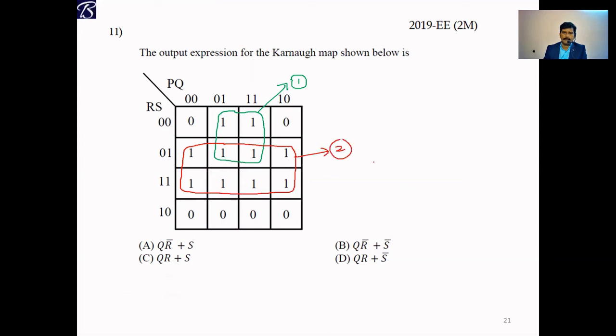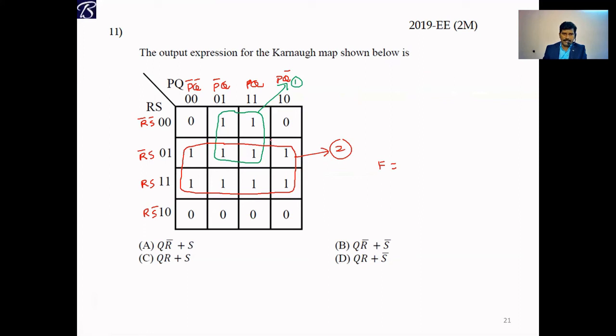Second, F equal to, the first one is, this is what? R bar S bar, R bar S, R S, R S bar. This is P bar Q bar, P bar Q, P Q, P Q bar.